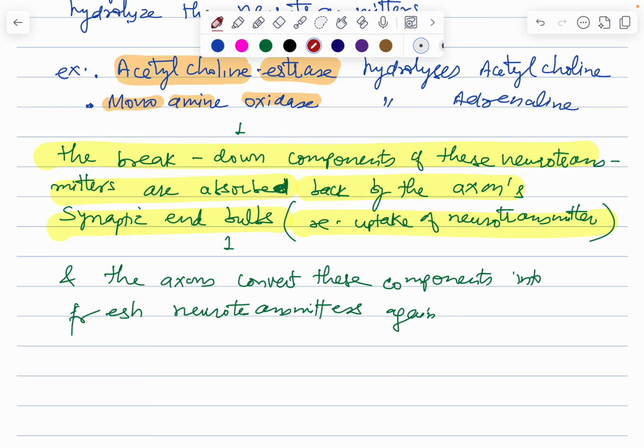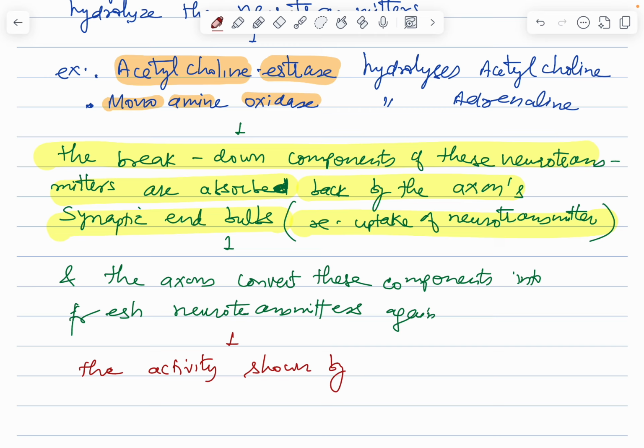As a result, the activity shown by the target organ is now reversed. If the target organ was stimulated by the neurotransmitter, it gets destimulated. If the target organ was inhibited by a neurotransmitter, the inhibition ends and it's now ready to get excited again.